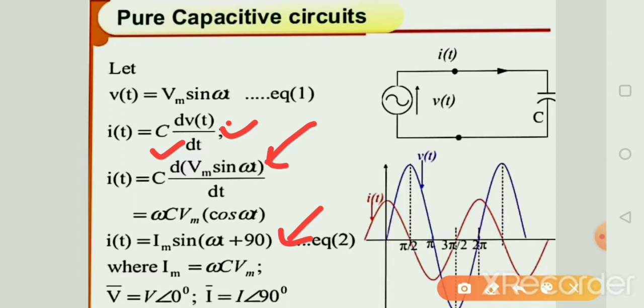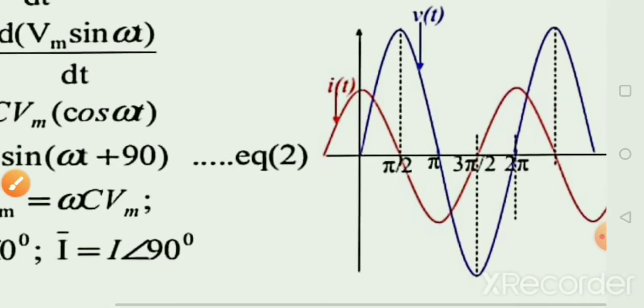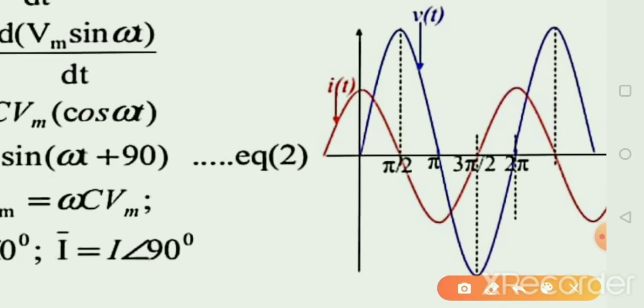Now if we compare it with the standard equations, we can say that in a purely capacitive circuit the current leads the voltage by 90 degrees, and the current going to the capacitor already starts before 0 degree. See here in this diagram, if voltage starts from 0 to pi to 2 pi, then the current already starts before, by pi by 2.